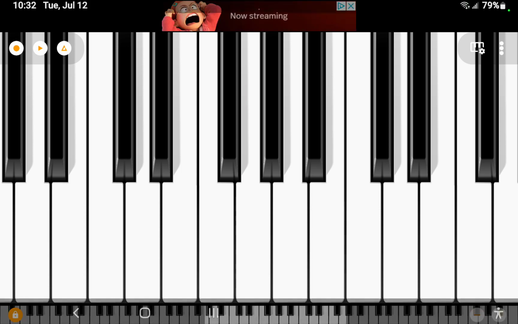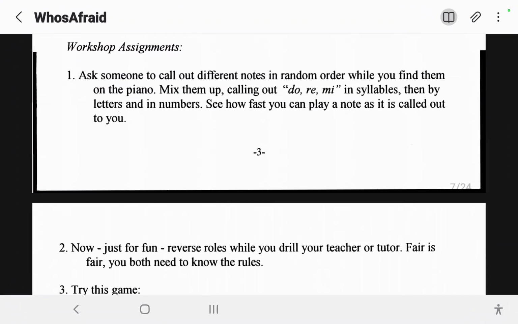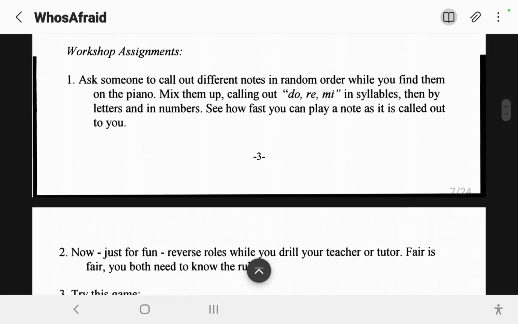I didn't mention this in the other video, but I should have. If the student has sight, have them wear a blindfold. Obviously, this requires trust between the student and the teacher, parent, or whoever. But if there is good, healthy trust, have the student wear a blindfold and see if they can find those pitches.